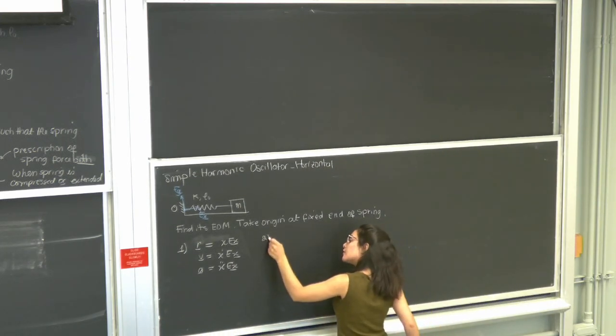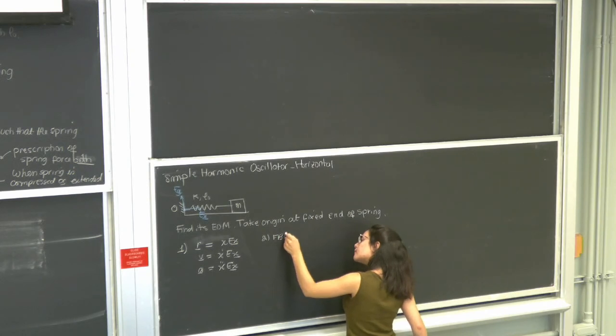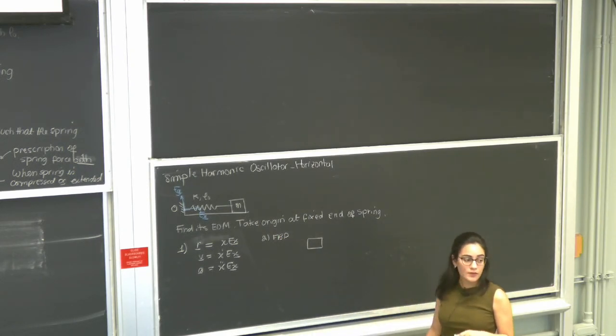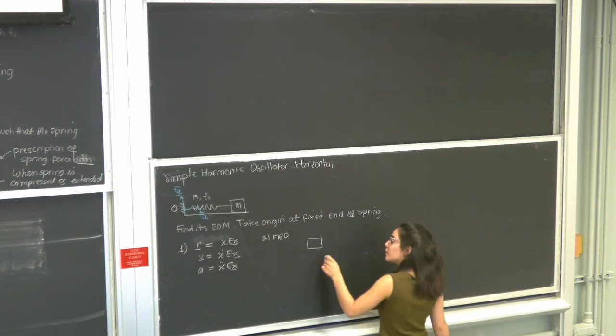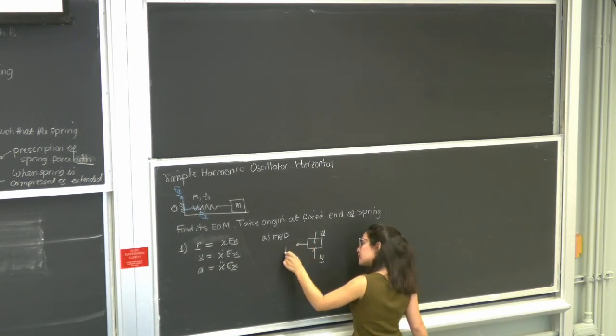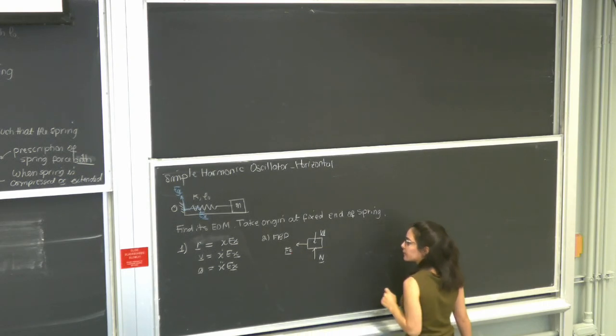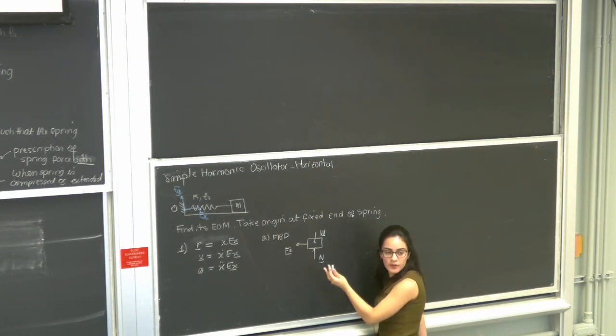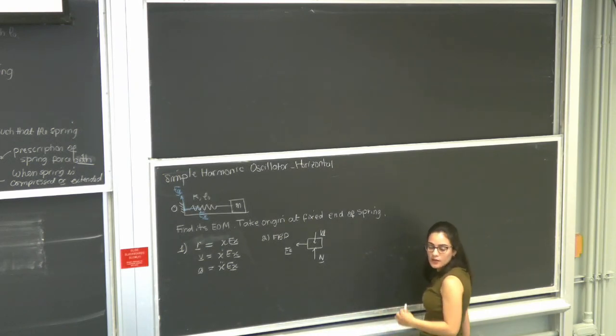Step 2, the free body diagram. So how many forces do we have acting on this block? 3, right? The normal force, the weight force, and the spring force. It really doesn't matter usually to me how you draw the spring force this way or the other way, as long as you write the expression correctly.